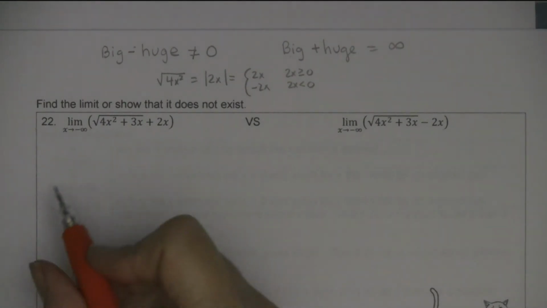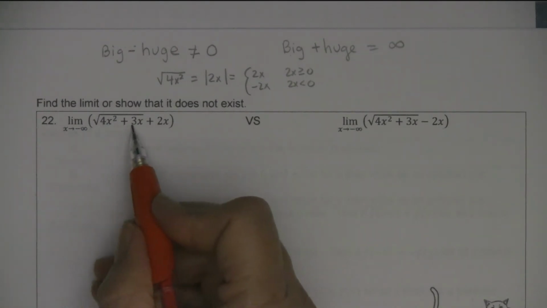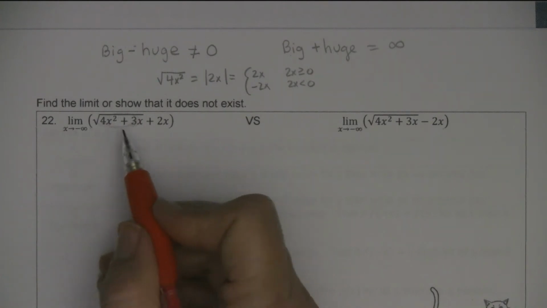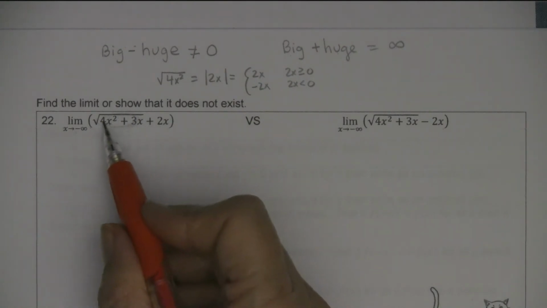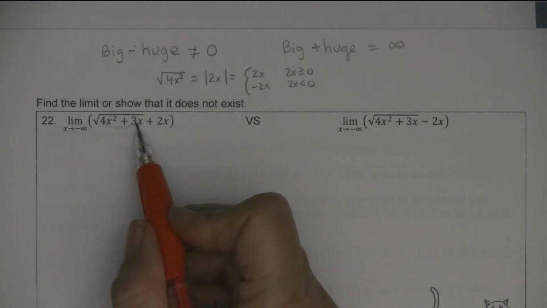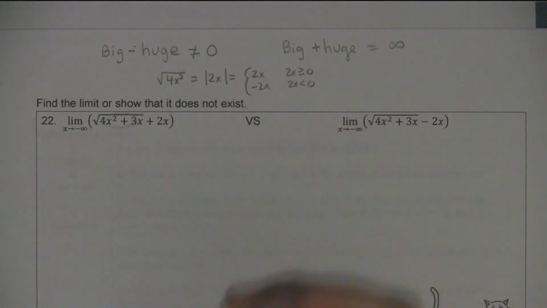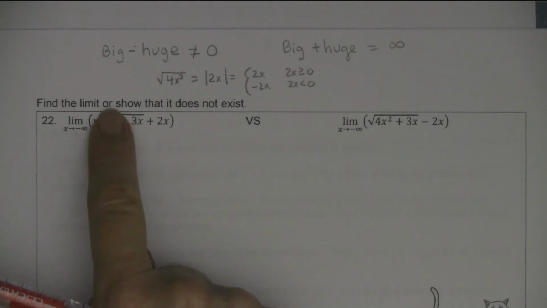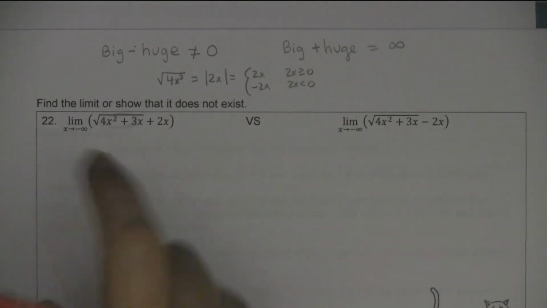So since I'm going to negative infinity, this is like being negative 2x, right? And then when I put that with this, I can't say that's 0, because this really wasn't negative 2x, so the 3x is really going to start to play a part, because I'm going to negative infinity. Negative 2x plus 2x is 0, because I'm kind of getting this idea that I have two things that I'm subtracting.